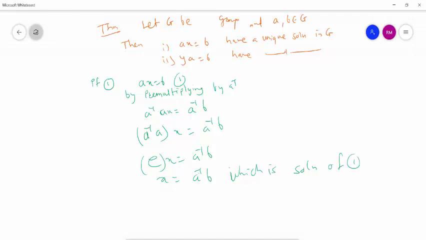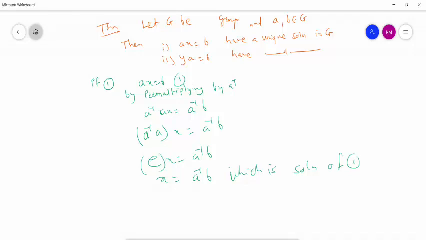Now the next job is to prove this is the unique solution. There is no two solutions, three solutions like that. So how can we prove uniqueness?